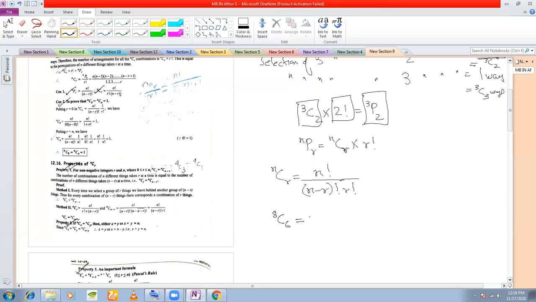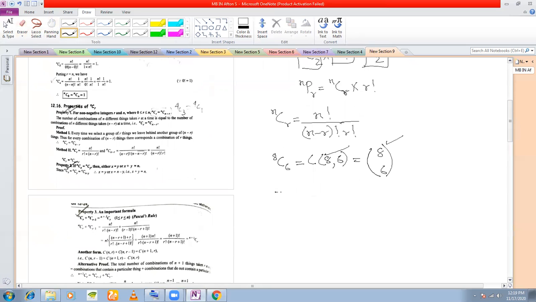Sometimes this is also written as C86, or sometimes in this way, 8 over 6. This is not a matrix, okay? So whether you are given this notation or this notation, consider this to be 8C6. So how do you calculate 8C6? Now 8C6 is very easy to calculate. If you use the formula, you will have 3 or 4 steps extra.